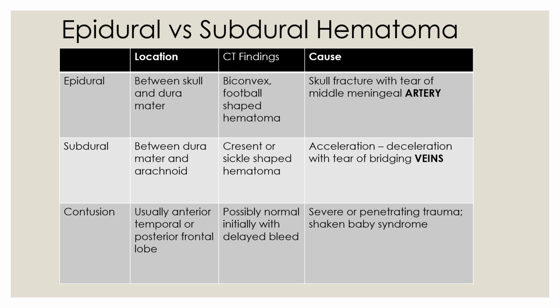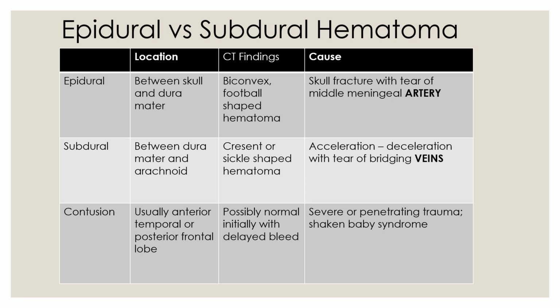Subdurals are between the dura mater and the arachnoid. They tend to be crescent shaped, are common with acceleration-deceleration injuries and tears of bridging veins, and can result from ground level falls, particularly in the elderly. They are common in elderly folks and chronic alcoholics because of the brain atrophy.